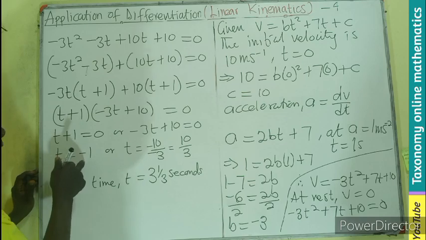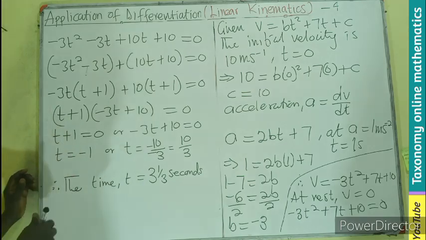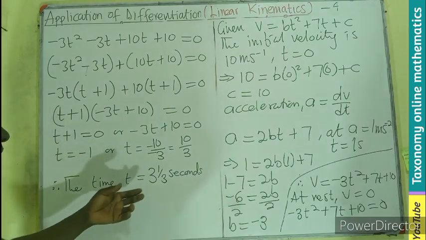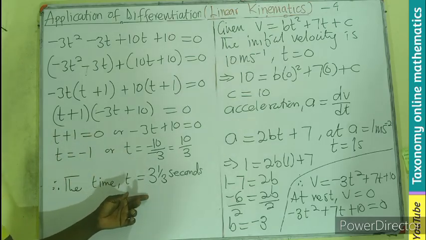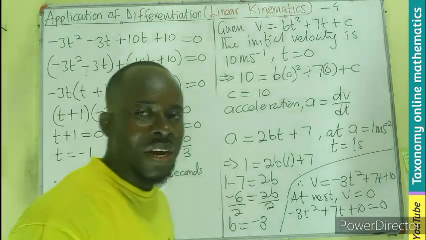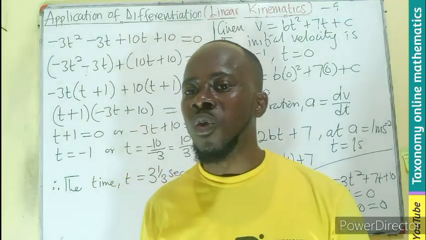Remember, we are not going to pick the negative because we don't have a negative time. We are dealing with time, so we pick the positive. So this becomes the time when the particle is momentarily at rest.